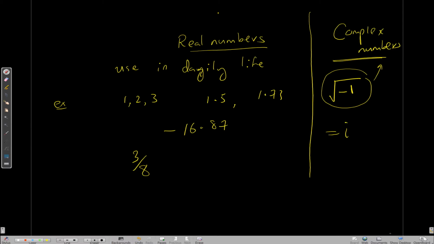Now, we can break real numbers into several categories.